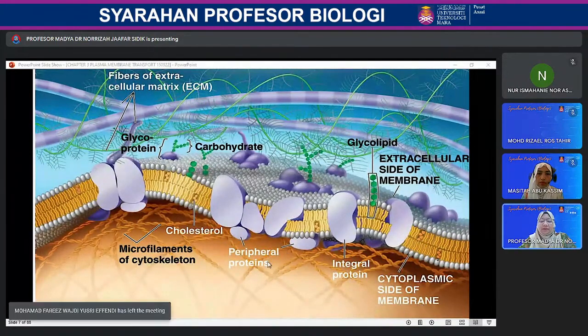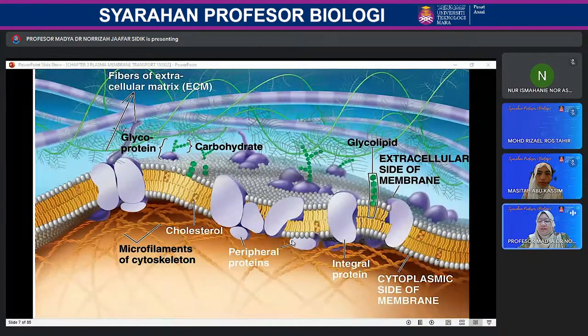So the peripheral proteins can be found here on the cytoplasmic side, on the surface of the phospholipid bilayer, or on the outer surface.